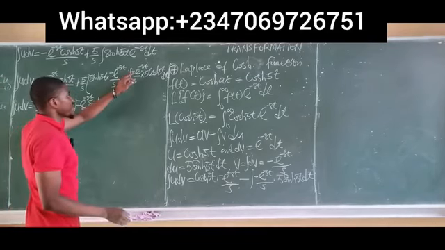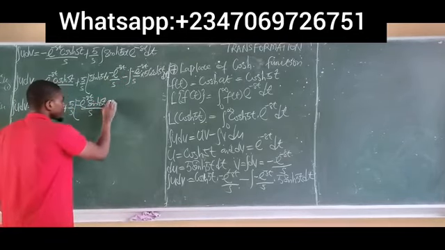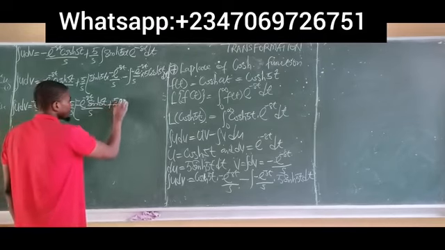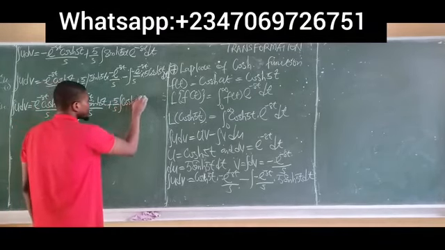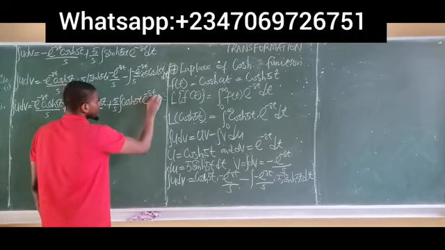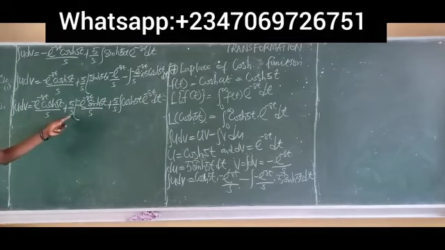Mind you, minus times minus here is plus. 5 is a constant, s is a constant, pull them out. This becomes plus 5 all over s integral of cos 5t exponential minus st times dt. So we can now expand with 5 over s.